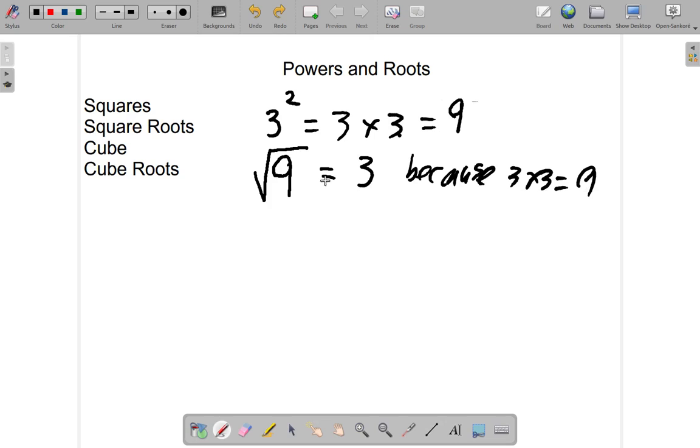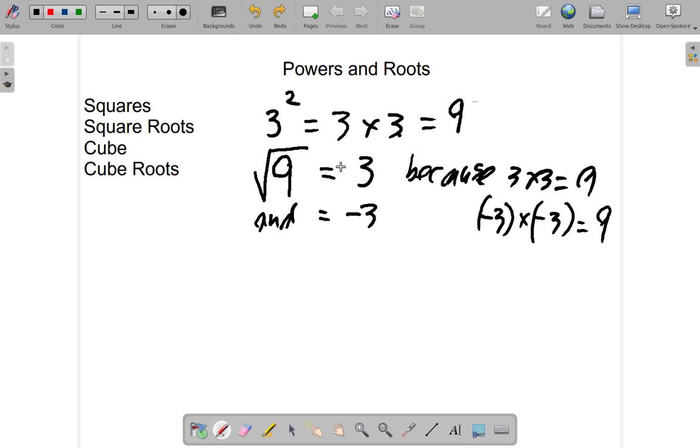Now the thing is, 3 is not the only number that multiplies itself to give you 9. If you put -3 multiplied by -3, you also get 9. So therefore, negative 3 is also a square root of 9. Okay? So the square root of 9 is 3 and negative 3.